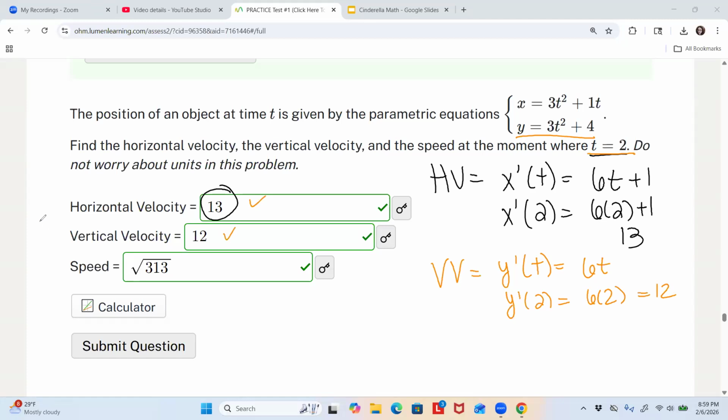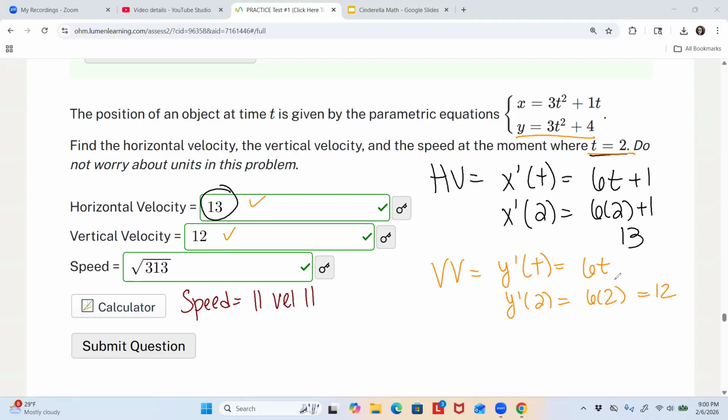And then speed. Let me see here. Speed is the, yeah, it's the magnitude of the velocity. Okay, so speed is the magnitude of the velocity. Well, which velocity? Both.